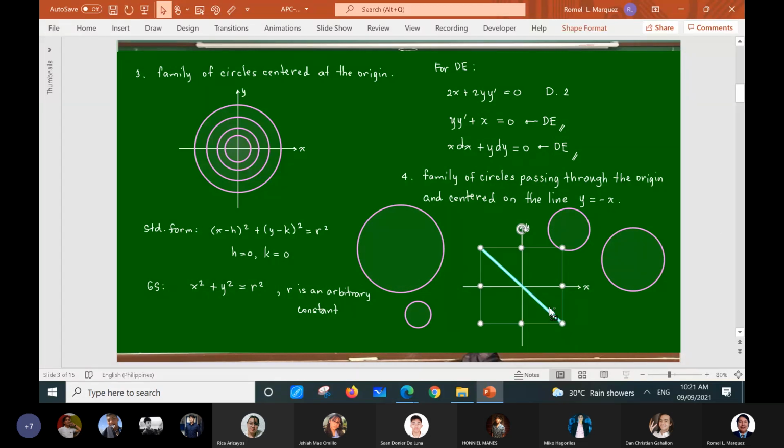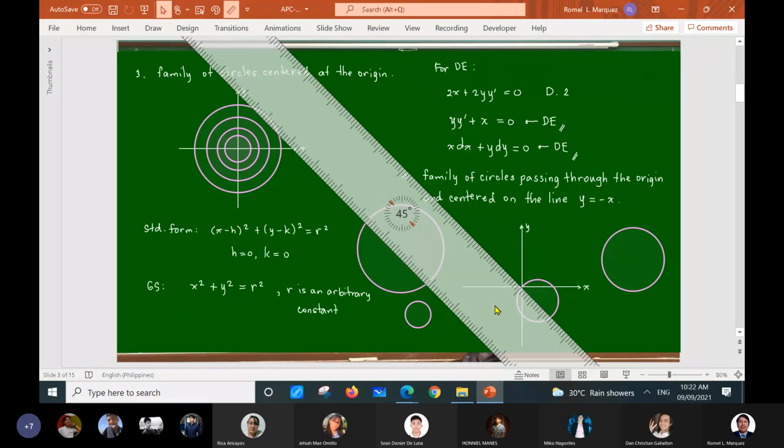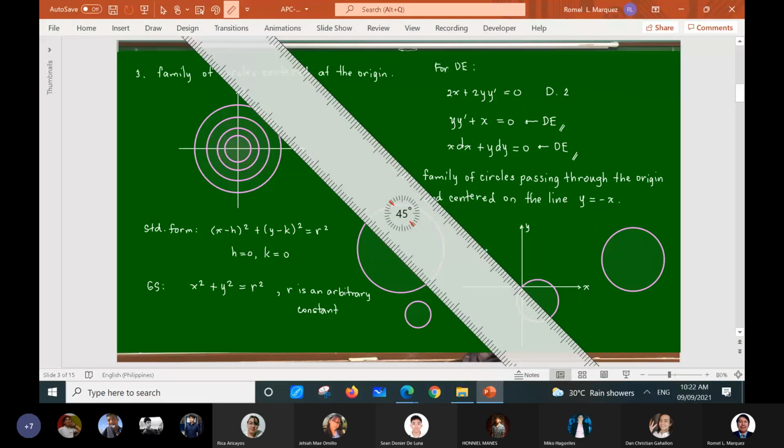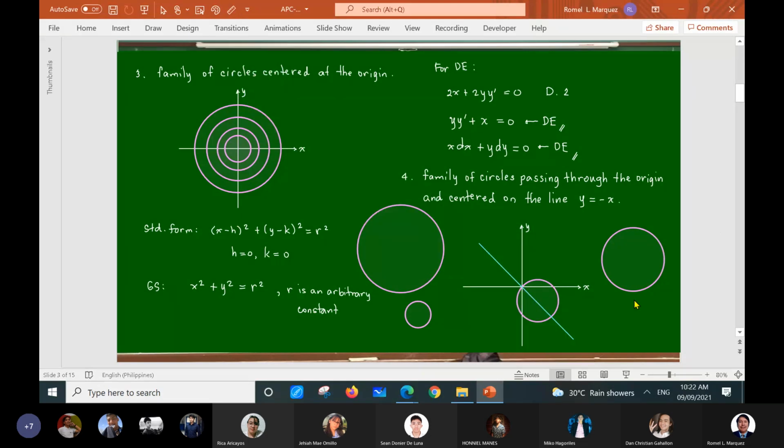So, sample circle passing through the origin, center on the line y equals negative x. Oh, that's one possible circle. Another possible, we have this.